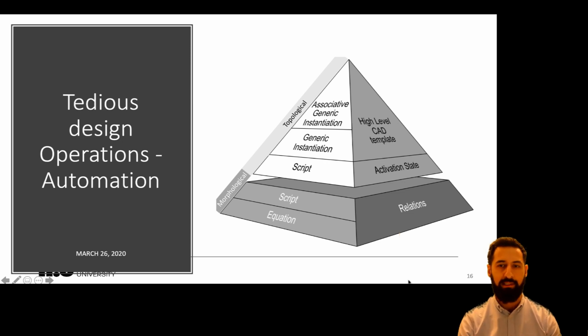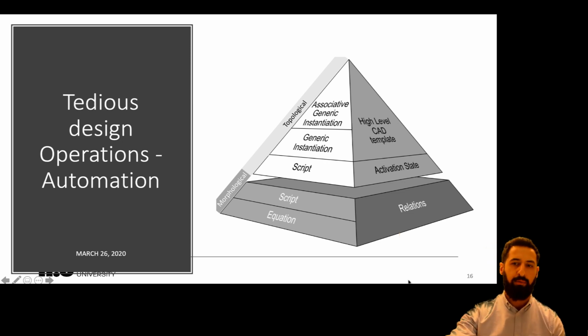High-level CAD templates is a generic term for power copy, but CATIA is not the only tool which can perform high-level CAD templates with power copy. You have the same feature in other CAD tools. You can have the same functionality in Creo and SolidWorks and NX and Inventor and also Onshape.